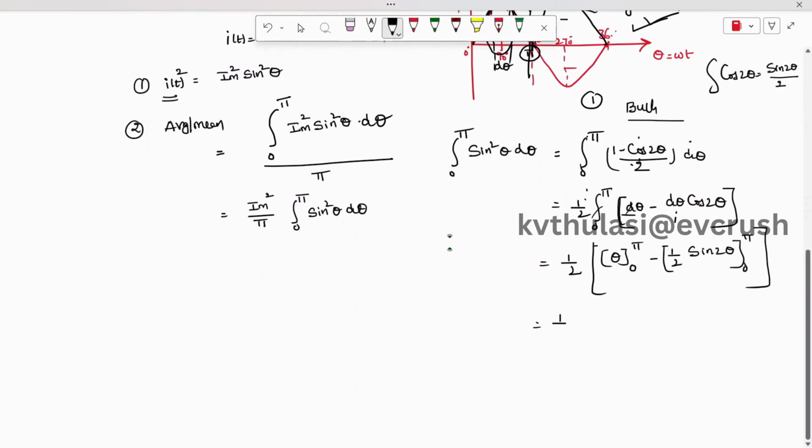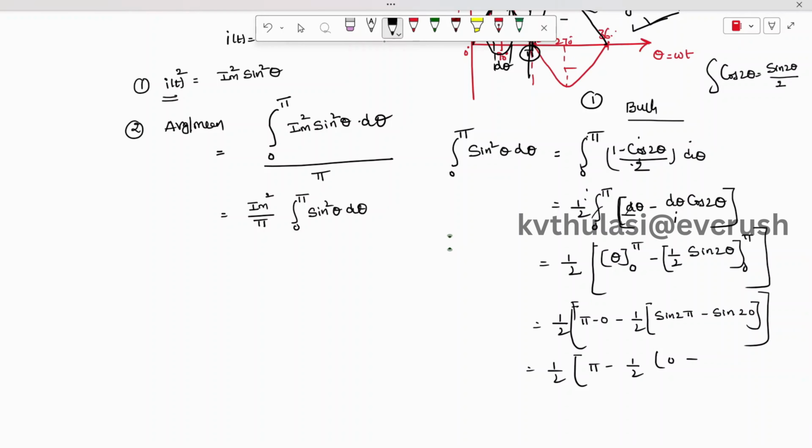So that is equal to half into pi minus 0, minus half of sine 2 pi minus sine 2 into 0, upper limit minus lower limit. So when you perform it, it is nothing but half into pi minus 1 by 2 sine 360, which is 0.